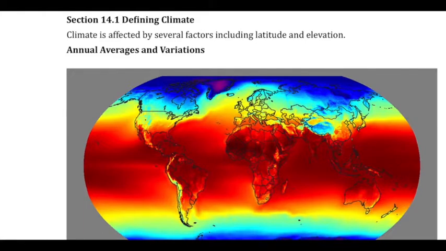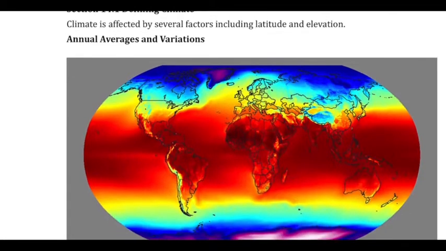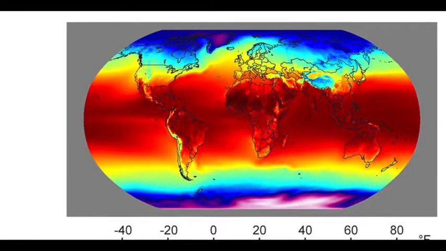So this picture is awesome. This is annual variations of average temperature. So you can see that around the tropics, that's getting most of the sunlight. The Earth is on the sun's equator, and the sun is on the Earth's equator. Now the Earth is tilted 23.5 degrees. So sometimes the sun is above the equator.